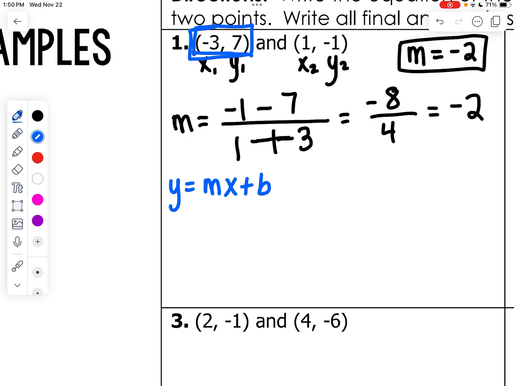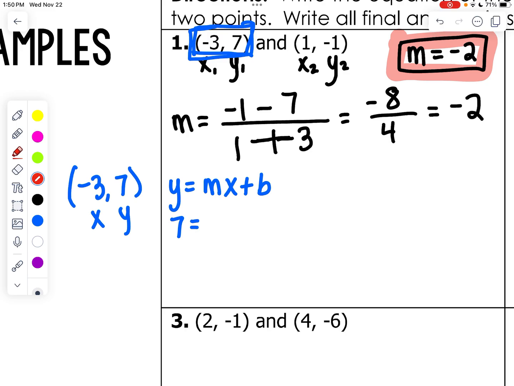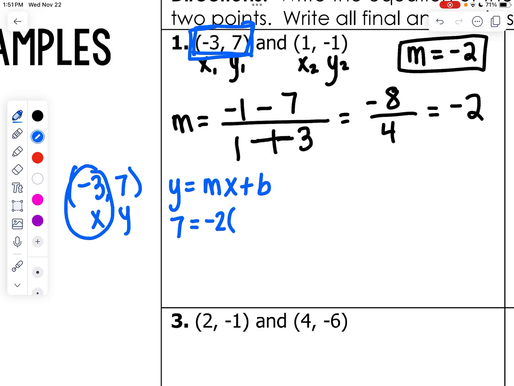Because I chose this point, -3, 7, this is my x and this is my y. So my y is 7 equals m we just found. M is -2. X is -3 and then plus b.